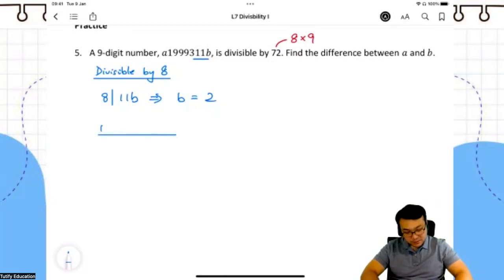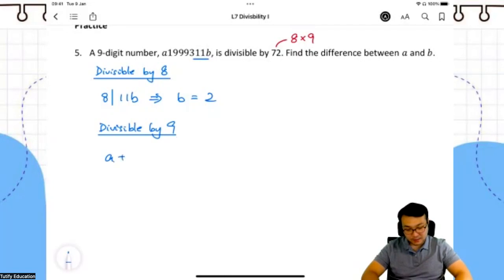The next rule is we must make sure that it is divisible by the number 9. And what is the rule of 9? How do you test whether a number is divisible by 9, Alistair? Find the sum of all the digits. So we need to take what?